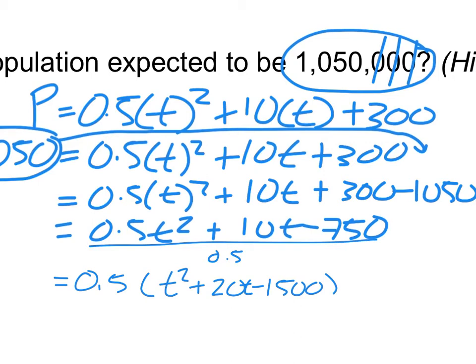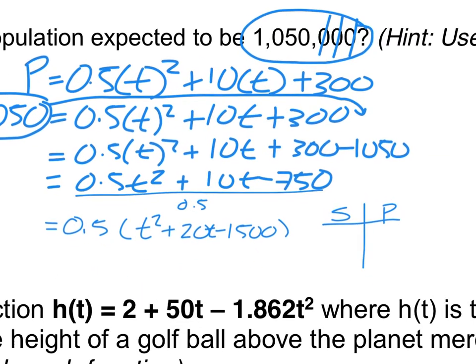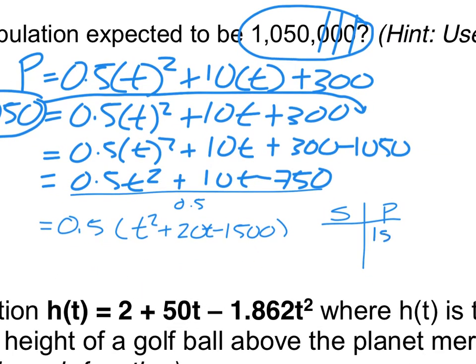And now looking at this, I've got a trinomial. So I'm going to be using sum and product. And thank goodness it's a simple trinomial because these are quite big numbers. So I've got negative 1,500 and positive 20. And now the two numbers that I'm going to try to figure out for the product, well, I've got to think. They're going to be 20 apart. There's going to be a difference of 20.